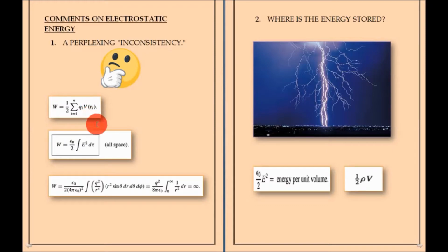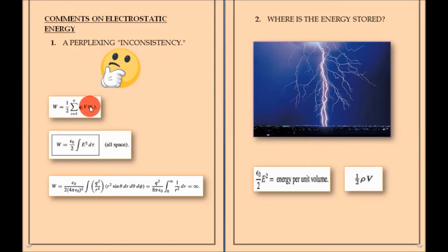So, which equation is right and which equation is wrong? How can one guess? In fact, this expression is derived from this expression. So, which one is correct or which one is not correct? Well, the answer is that both are correct, but they speak to slightly different questions.